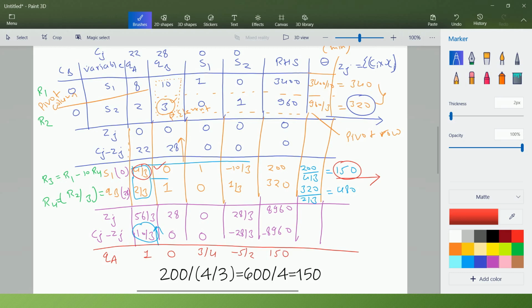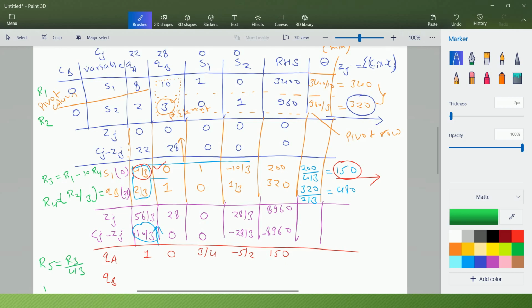Okay. Now here we have QB. Now QA and QB we have to make the identity matrix. That means 0 should come here and 1 should come here. So we have to make this element 0. Okay. So if I write this as row 5, which is actually R3 by the pivot element, which is 4 by 3.